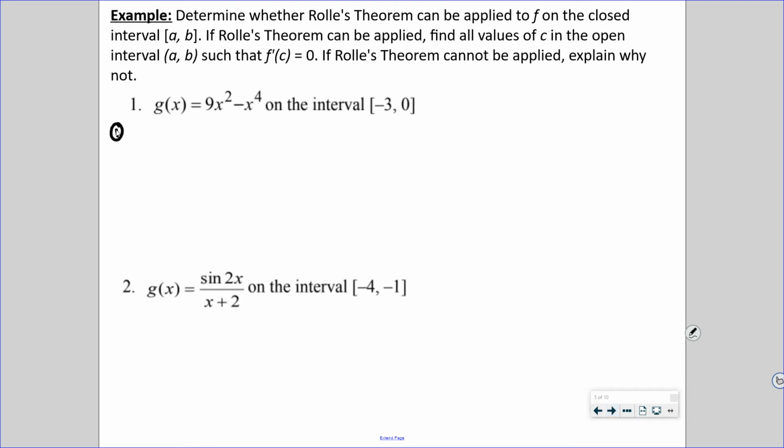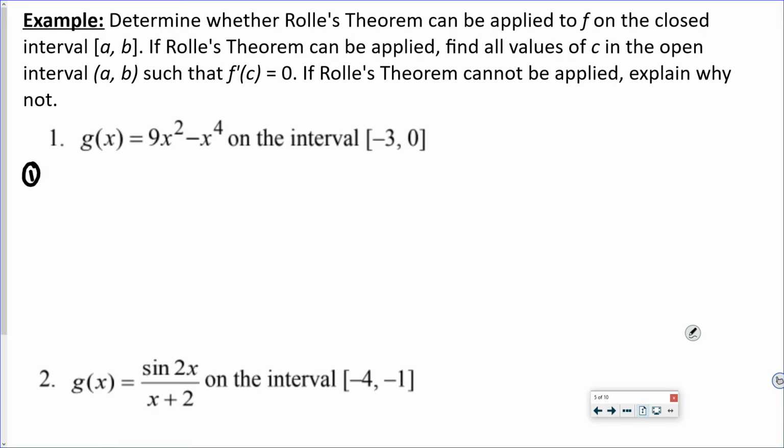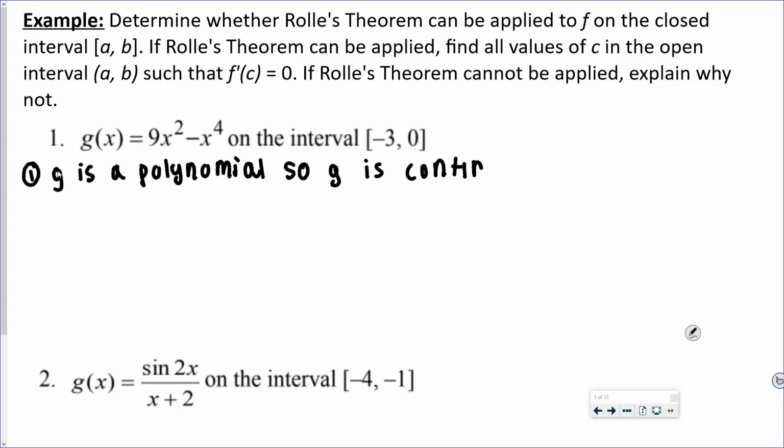So first thing I have to state is that it's continuous on the interval. And since it's a polynomial, it's going to be continuous everywhere. So g is continuous on -3 to 0.